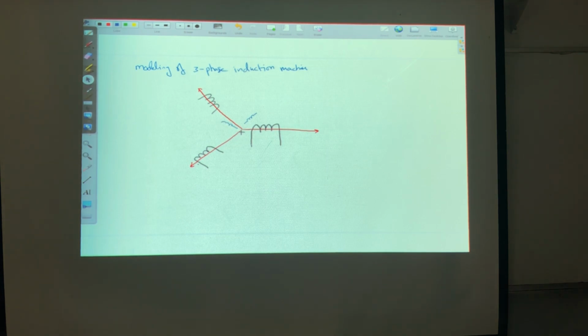This is the second coil, and this is the third coil. Let's assume those are Y connected. And if it's squirrel cage or wound rotor, I will short the terminals. So this will be the rotor that I'm shorting, what? I'm shorting the terminals.